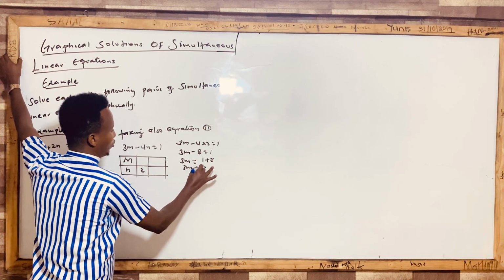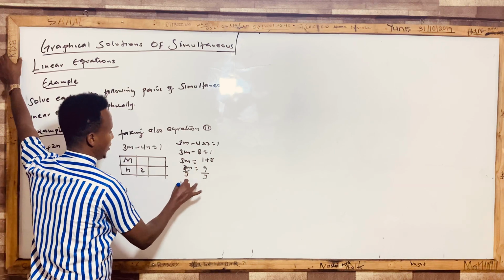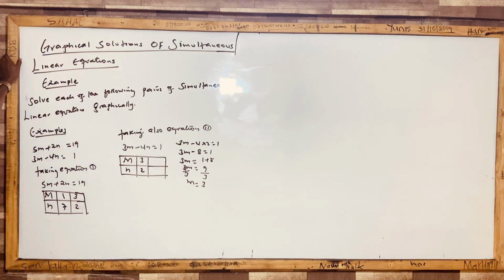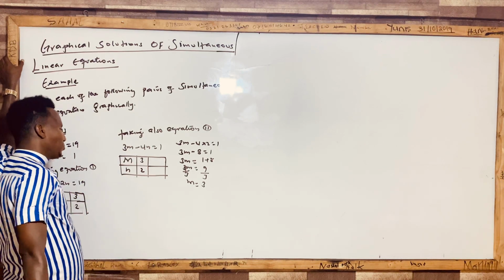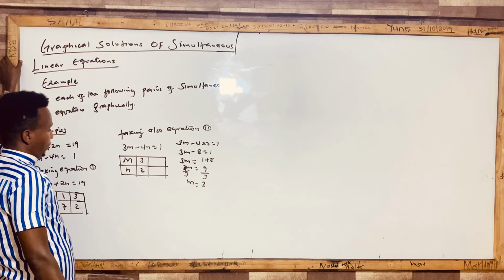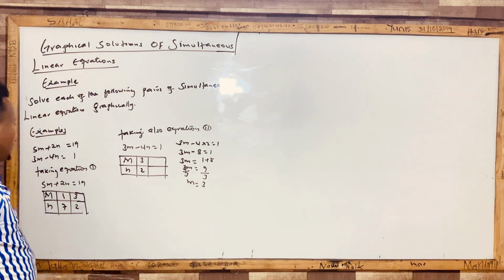So 3m is equal to 9, over 3, over 3. m is equal to what? 3. Let me write it 3. Okay. What about 6 and 2? Let me take this one because I want this thing to be divisible.